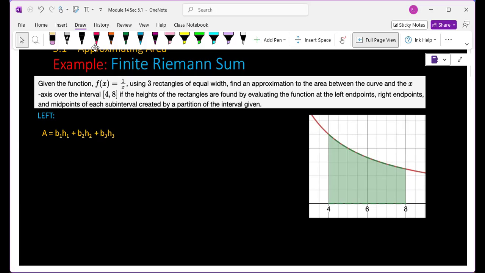All right, so the distance between 4 and 8 is 4 units. Divided by 3 is 4/3. So our widths are obnoxious. That's 4/3 or about 1 1/3.